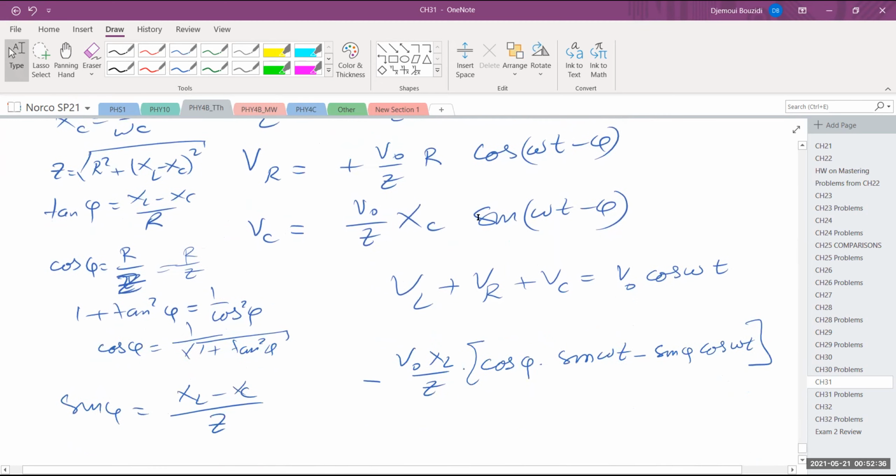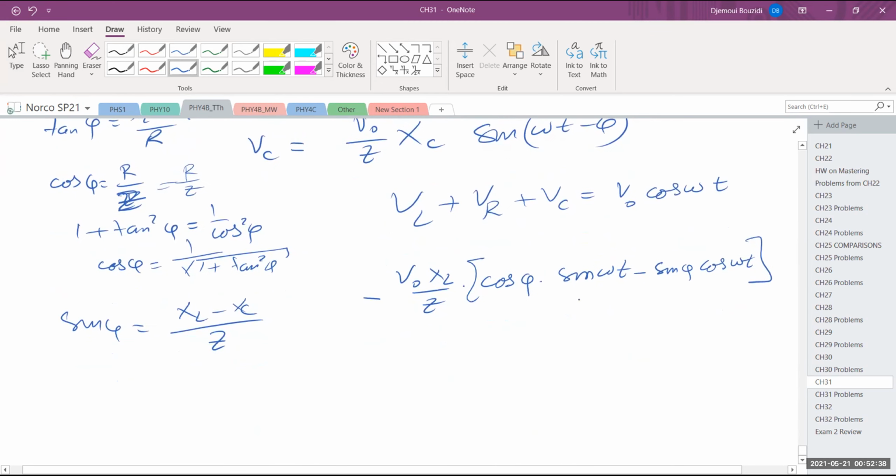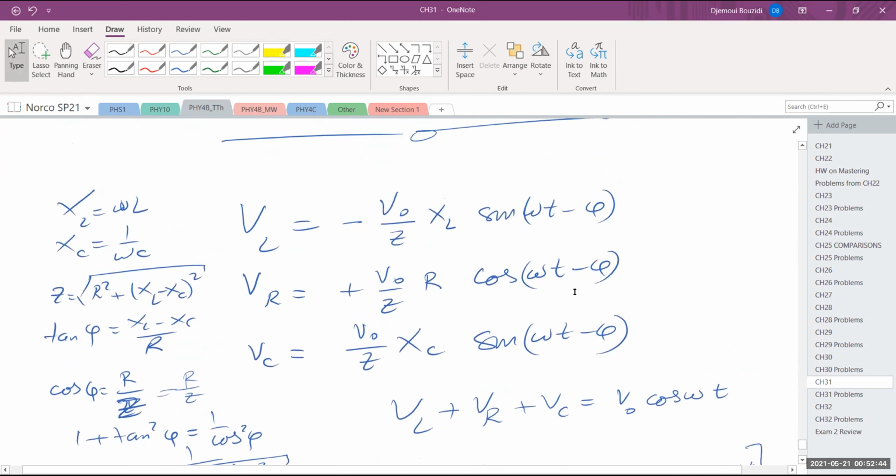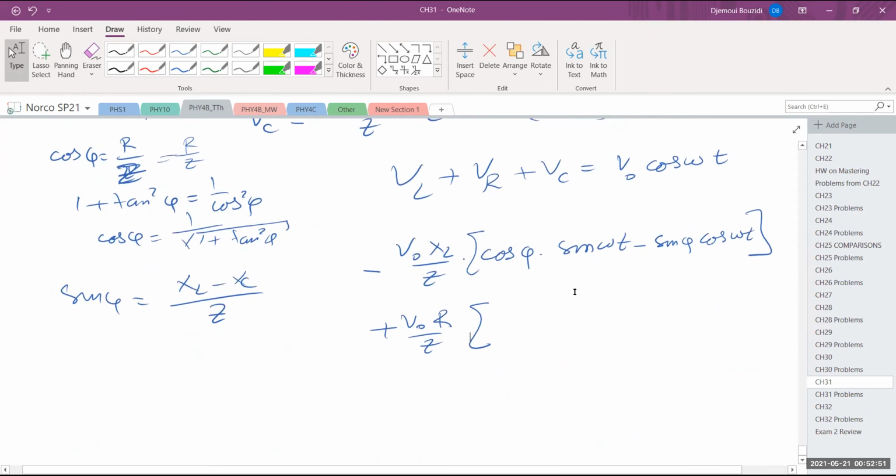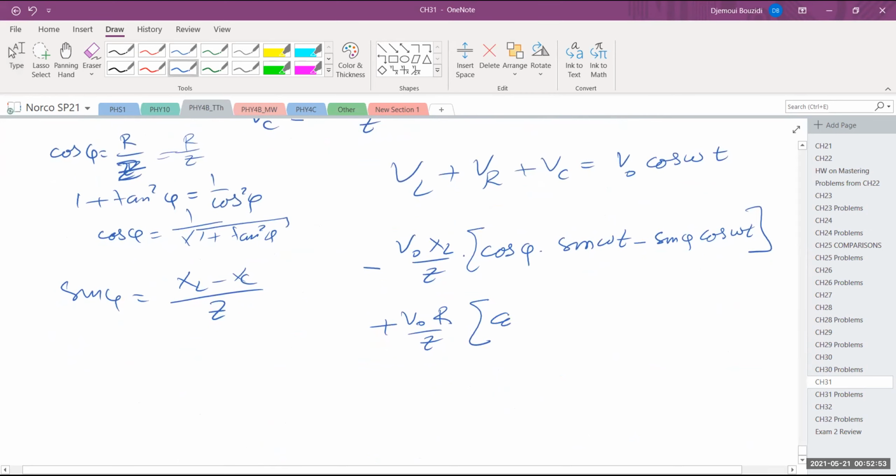Plus V naught times R over Z, open parentheses. I have a cos of the difference. The trig identity said cos of something minus something is cos plus sin. So this will be cos phi cos omega t plus sine of phi sine of omega t.